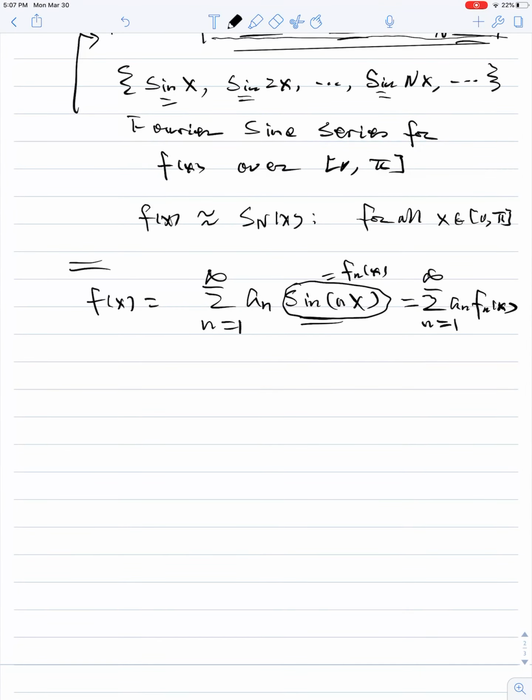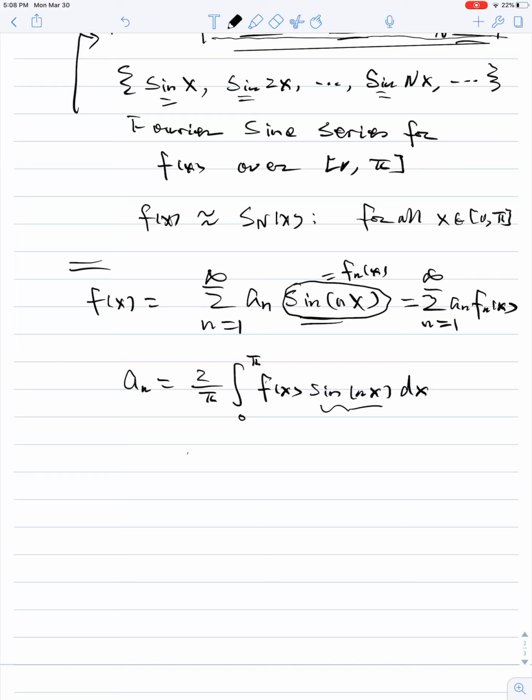Then, as we determined last time, an is given by 2 over pi times the integral from 0 to pi of f(x) sin(nx) dx.